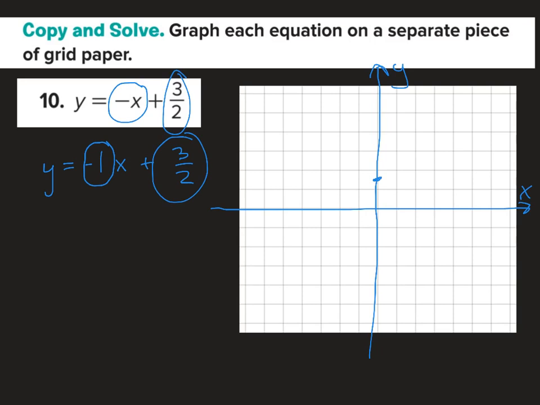And if I go down 1 to the right 1, because it's negative, down 1 to the right 1, and I'm just going to keep this pattern going. And I can do that on the opposite side of the graph, on the left side, up 1 to the left 1, up 1 to the left 1.